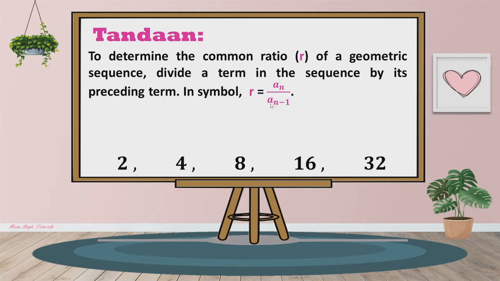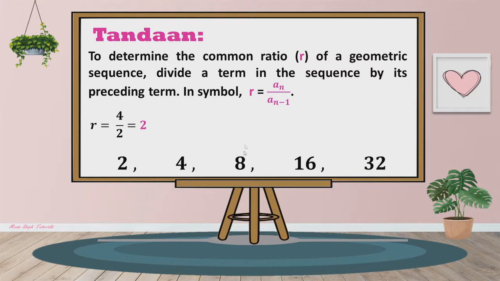So, using this formula for getting the common ratio, we divide 4 with its preceding or yung nauna sa kanya, which is 2. Kaya, ang ating common ratio ay 2. And then, ang ibig sabihin lang nitong formula na to, mamimili ka lang ng kahit anong term sa ating sequence at i-divide mo lang yan sa nauna sa kanya.